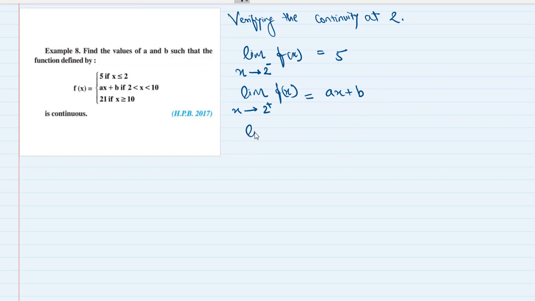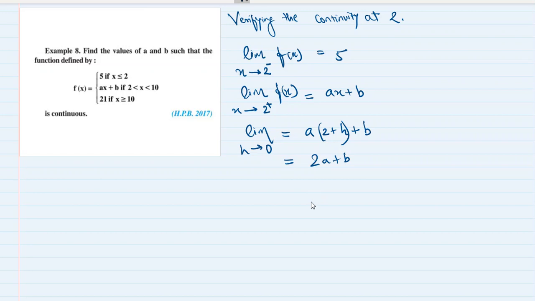So limit h tends to 0 of this function becomes a bracket, in the place of x I'm going to write 2 plus h, close bracket, plus b. Now as h is tending to 0, this is 2a plus b.